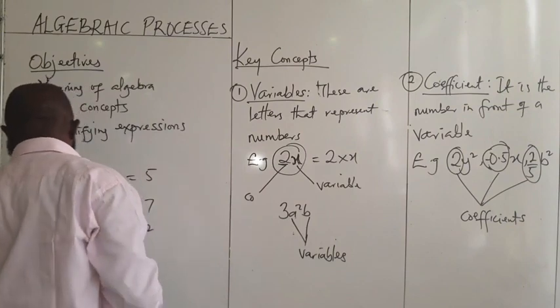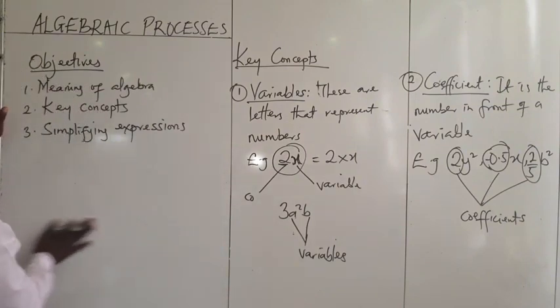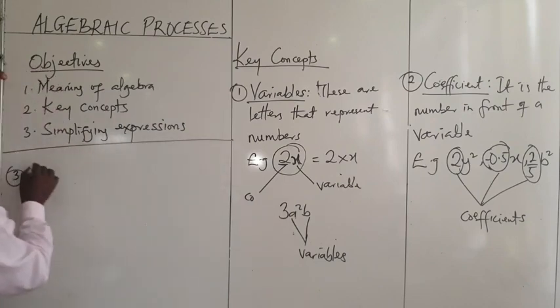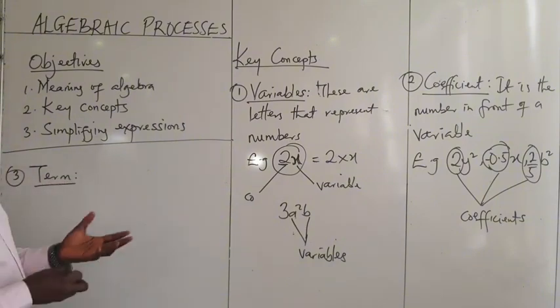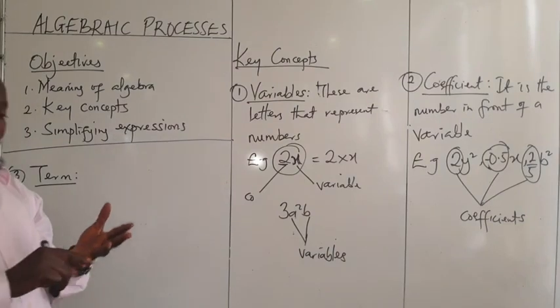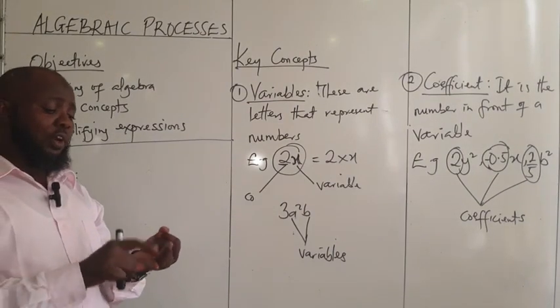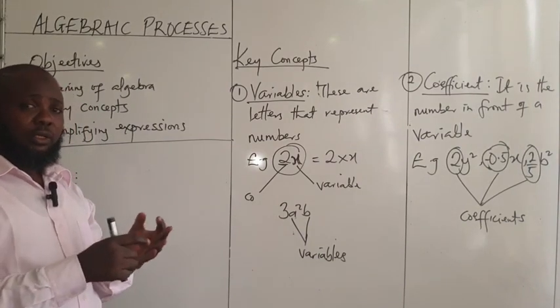So the next one we're going to look at is term. This is the third one. When we talk about a term, it could be a variable that's standing alone, it could be a variable and coefficient, and it could be a constant. So these are the three.